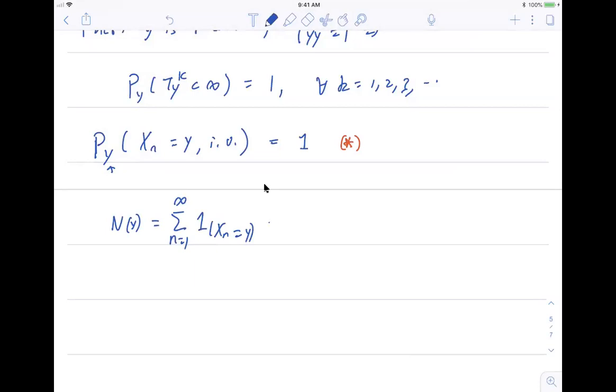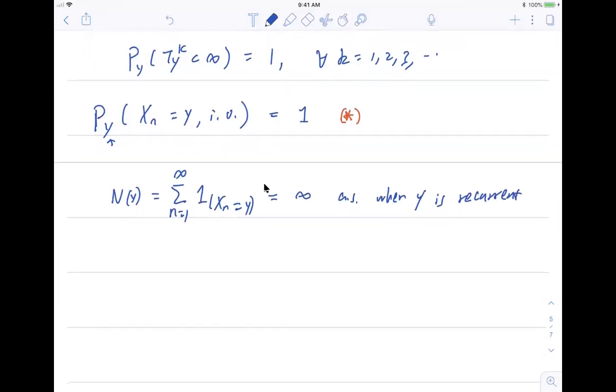Of course, this is infinite almost surely when y is recurrent. So if you take expectation, starting from y, this equals infinity.